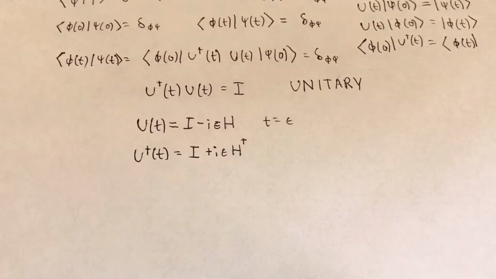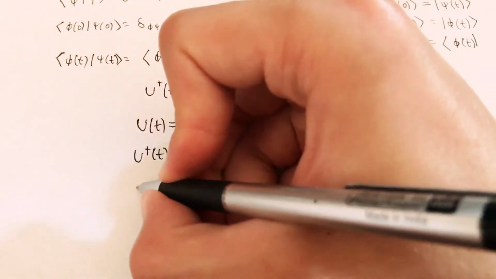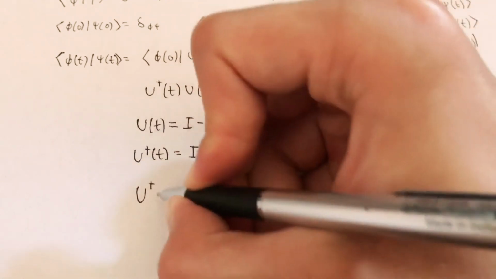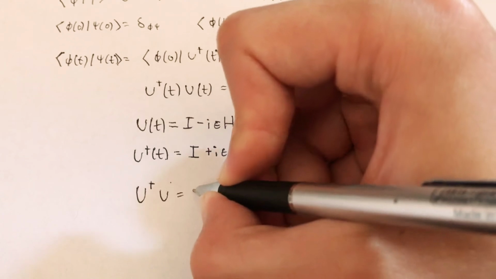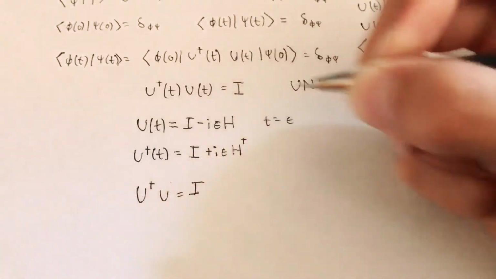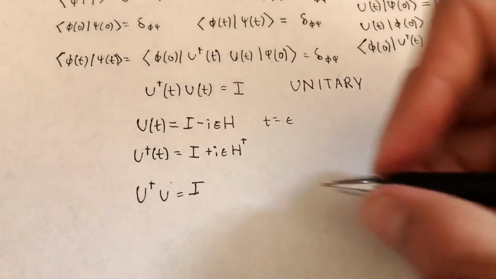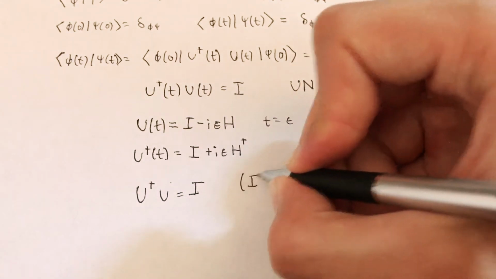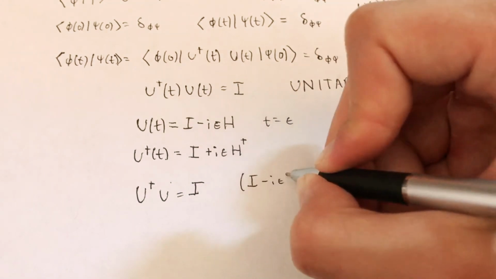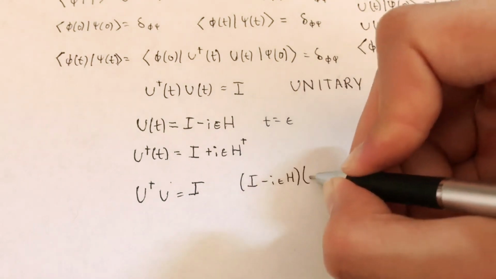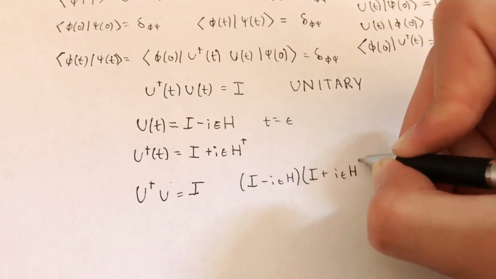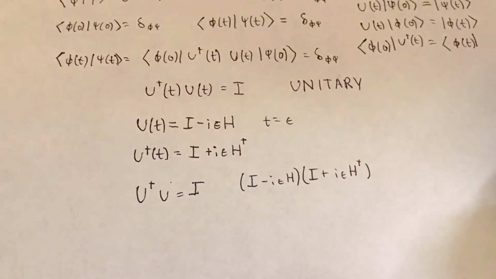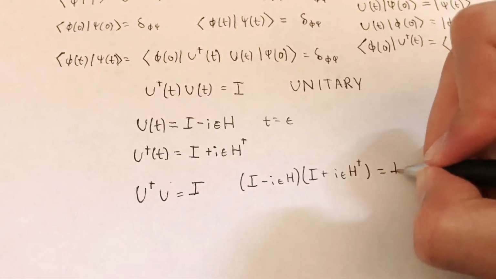Now, we know that U dagger U is I, which means that I minus i epsilon H times I plus i epsilon H dagger must equal I.